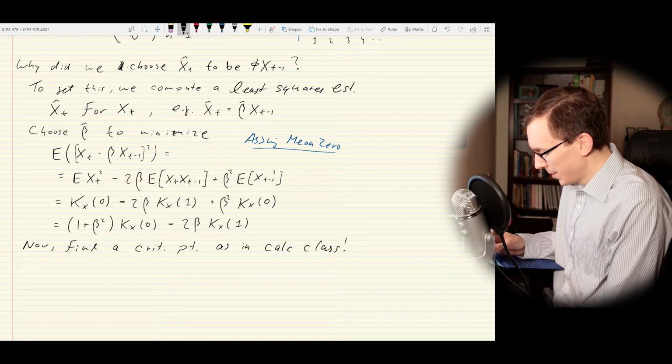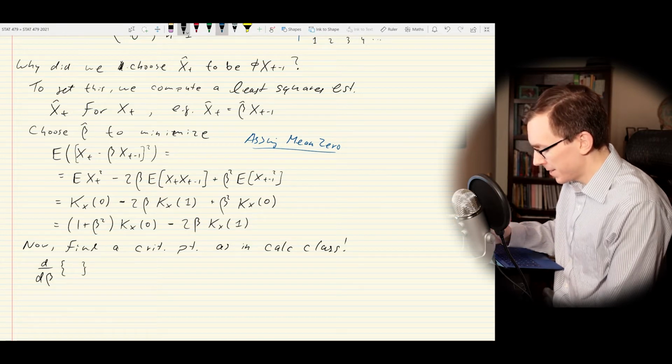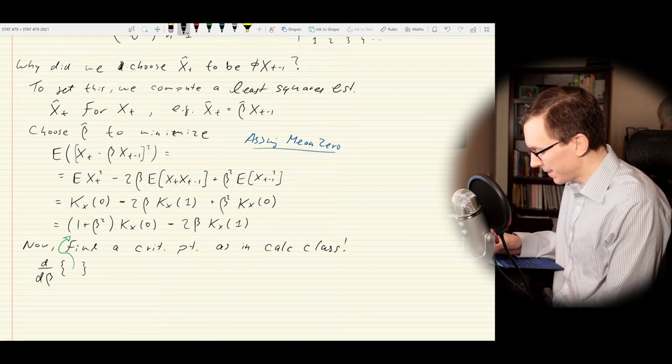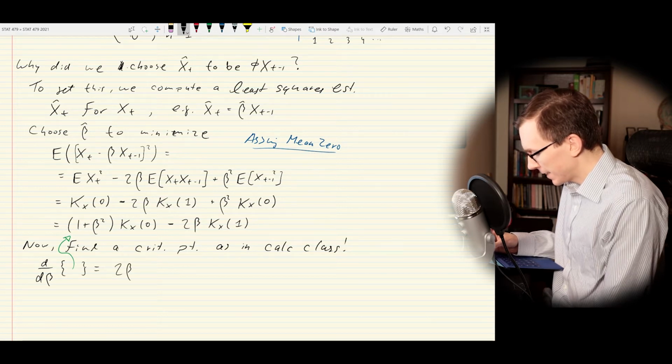So we take a derivative with respect to beta of that thing, and what we end up with is something that's going to look like 2 beta k_x(0) minus 2 k_x(1).